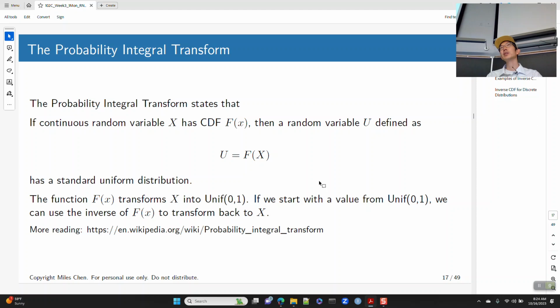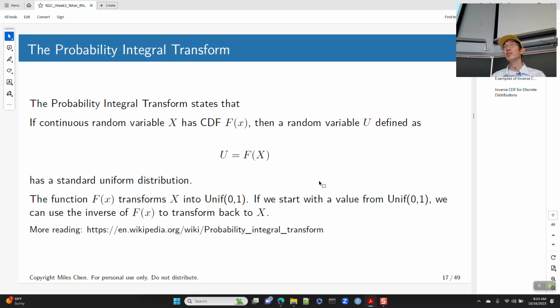So if I generate random normal values, and then I plug all of those values into the CDF, I ask, what's the cumulative distribution function for these random normal values? Then that's going to convert all of those normal values, going anywhere from negative infinity to positive infinity, into values between 0 and 1. And if you look at the distribution of values between 0 and 1, it will look like a uniform distribution.